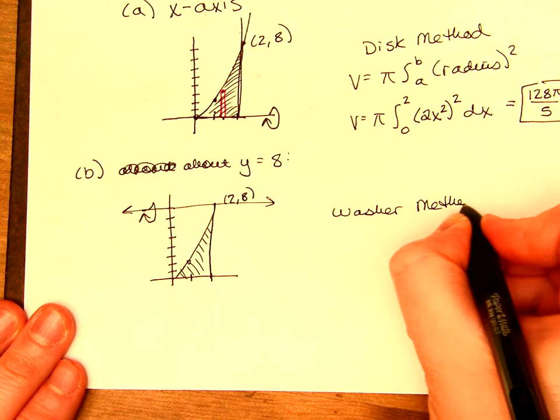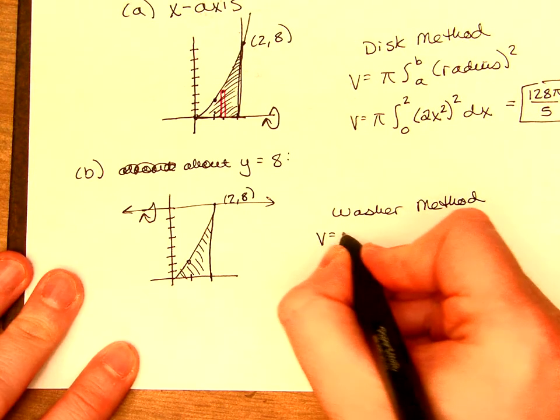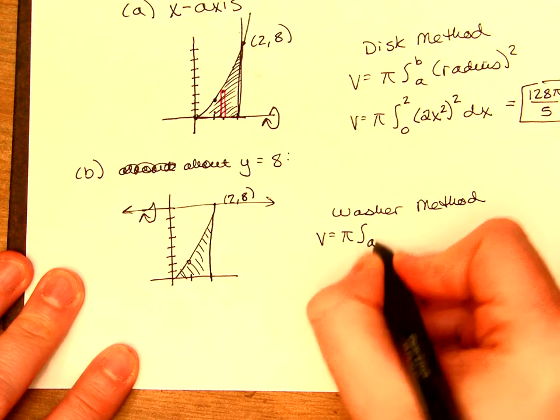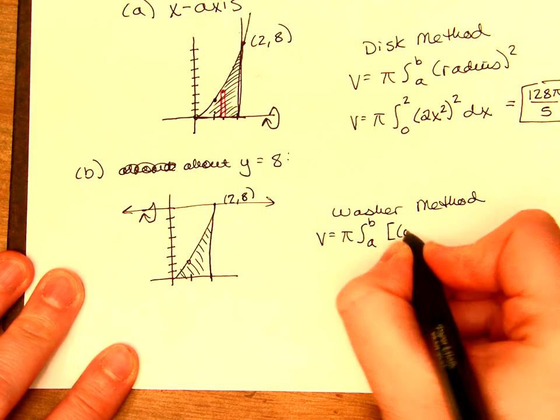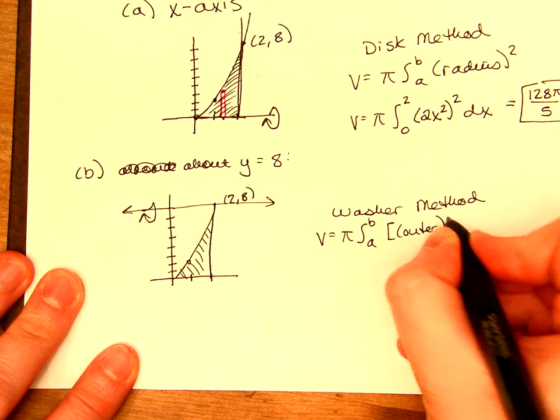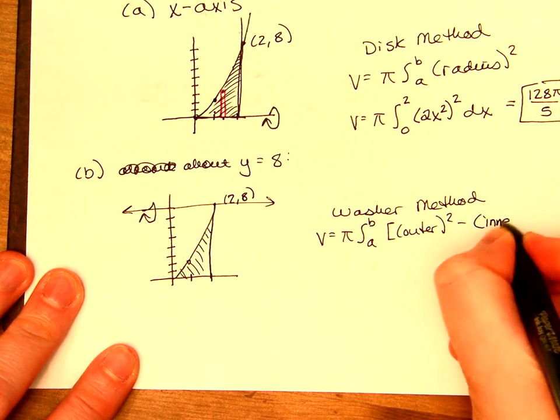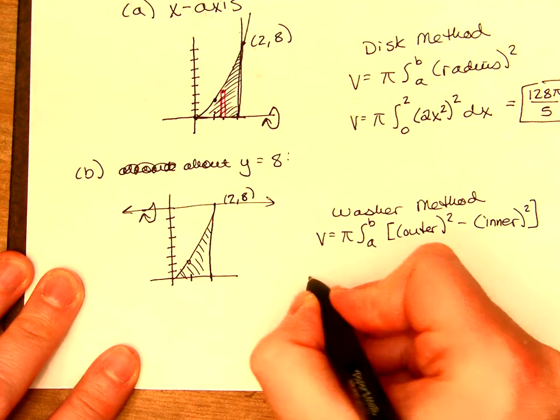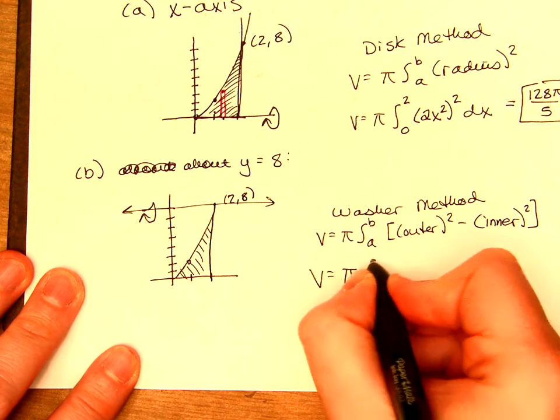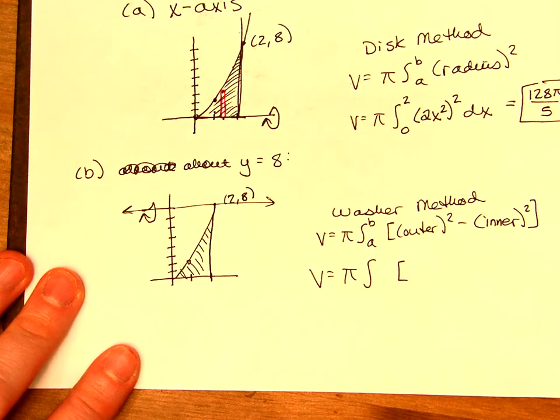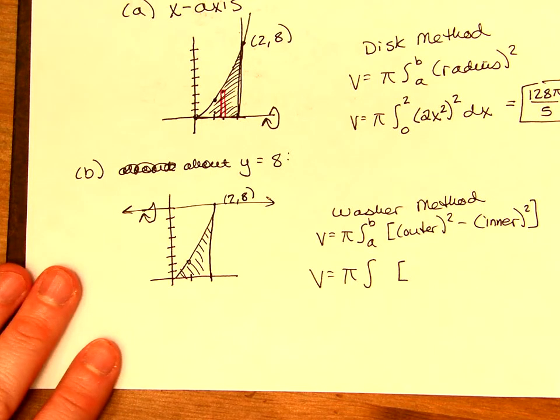Which means my volume is pi times the integral from a to b of the outer radius squared minus the inner radius squared. Remember that our radii always need to start on the line we're spinning around.